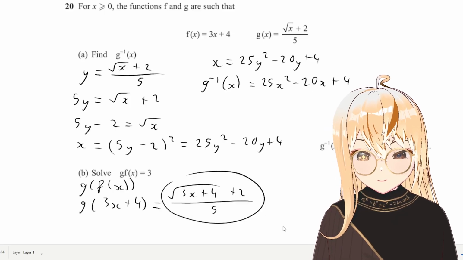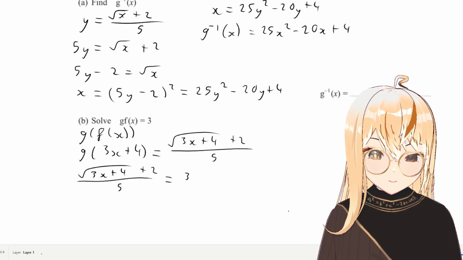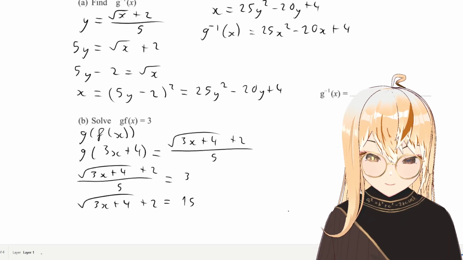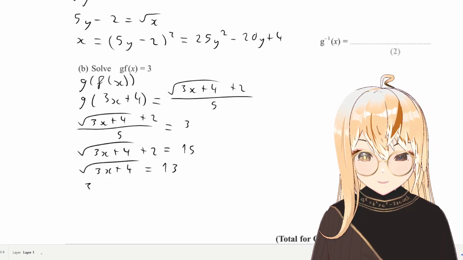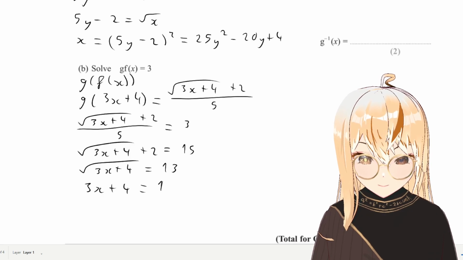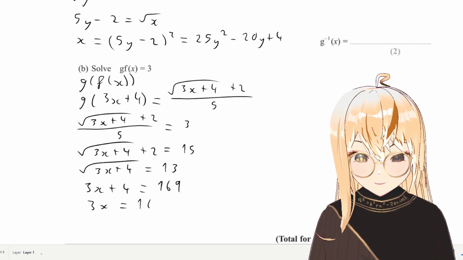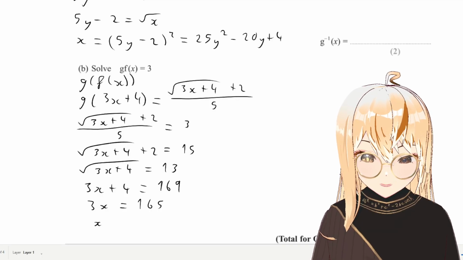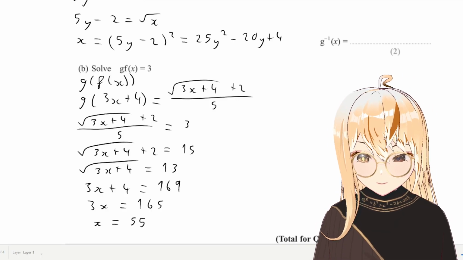Now we want to solve it for it being equal to 3. Multiply both sides by 5. Subtract 2. Square both sides. Subtract 4. And then finally, divide both sides by 3 to get x equals 55.